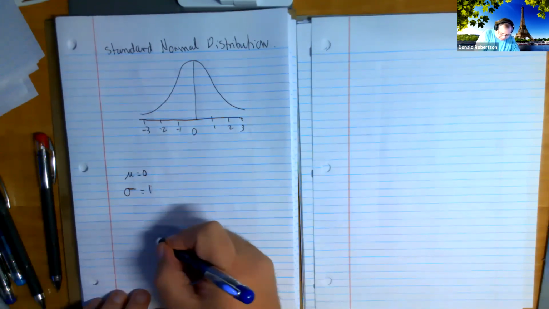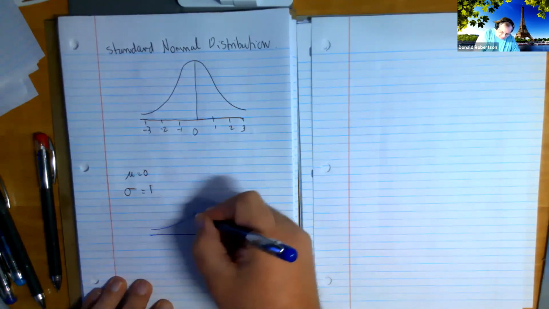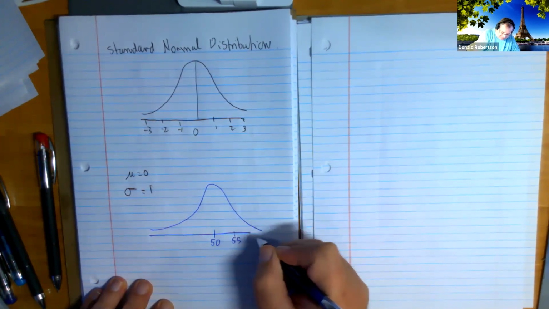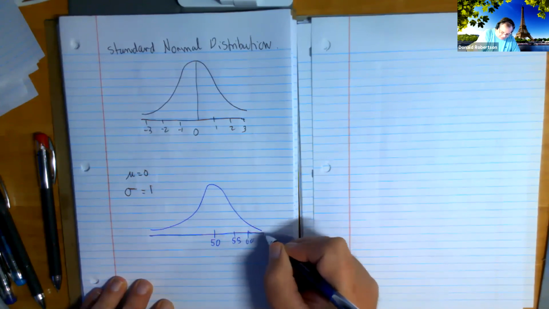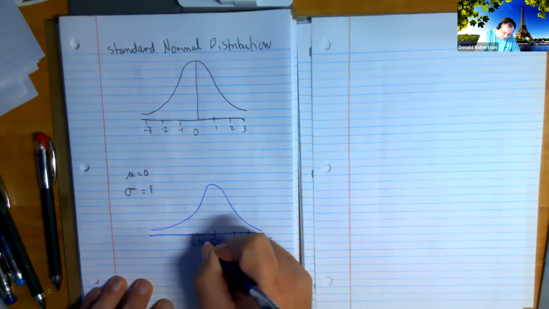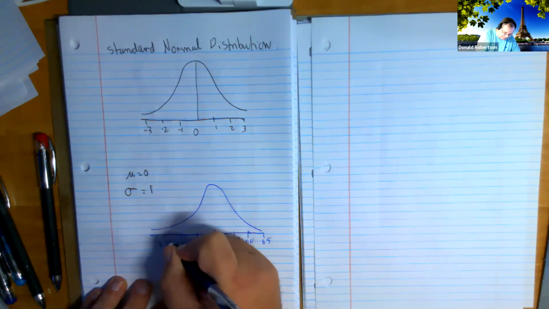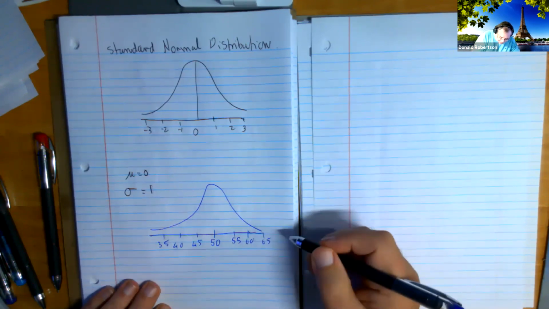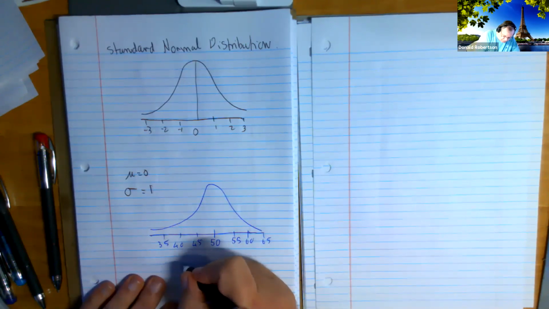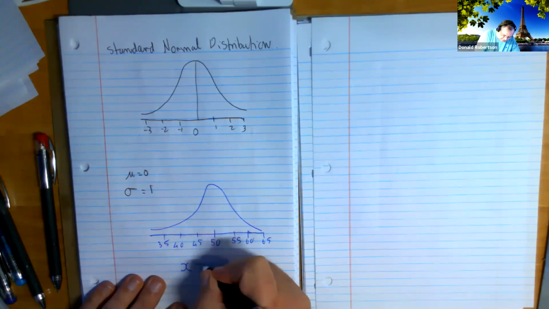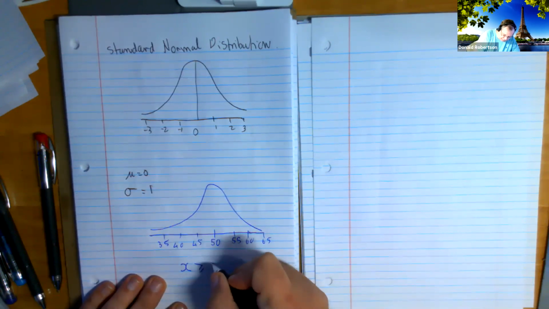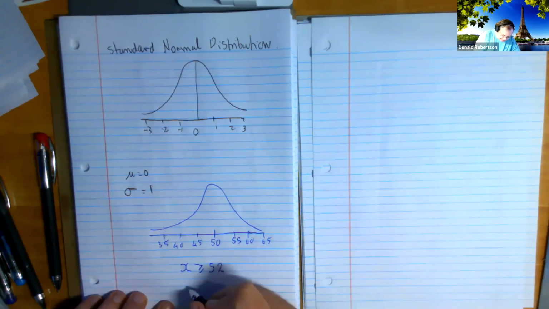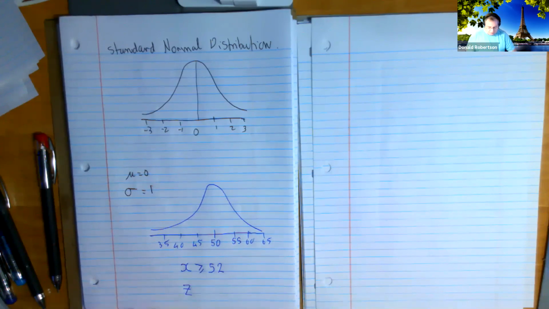Now, suppose I have a normal distribution. In this case, it's going to look like this. And I would like to know what x greater than or equal to 52 looks like in terms of a z-score.